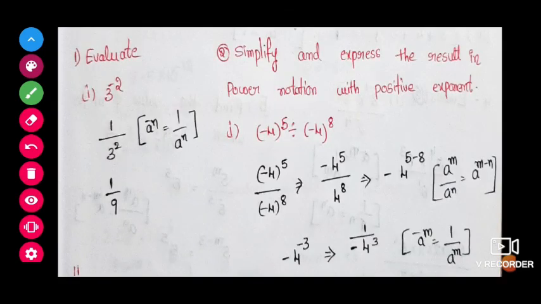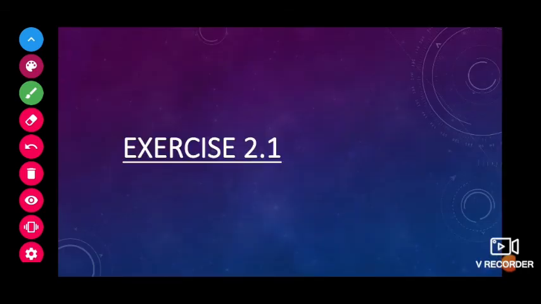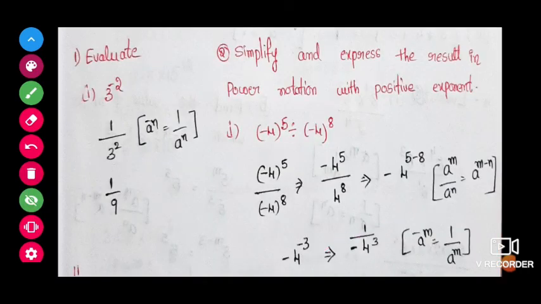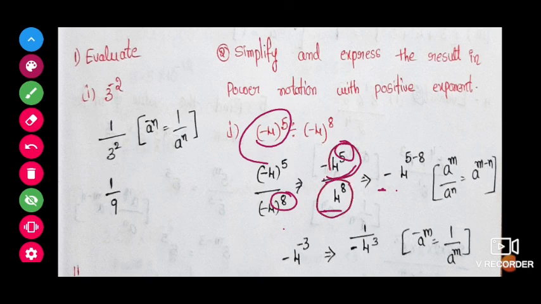Here also in the same way, minus 4 whole to the power 5, because of the odd power, minus will remain, minus 4 to the power 5. Minus 4 whole to the power 8 means, because of the even power, it will become positive. Now keep the minus aside. Now 4 to the power 5 by 4 to the power 8.